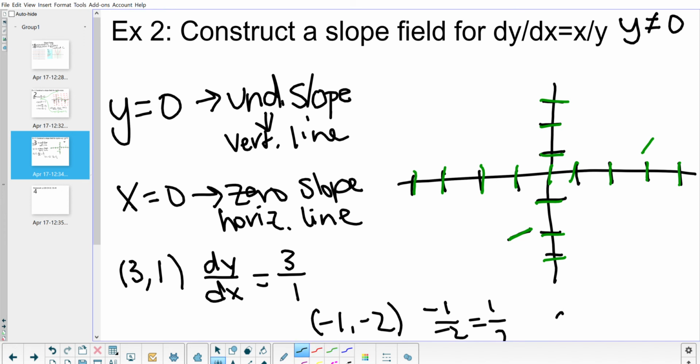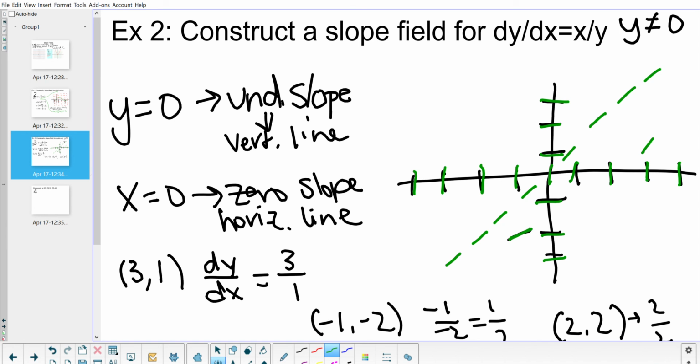So like at the coordinate 2, 2, when x and y are the exact same, that slope would be 2 over 2, which is 1. So actually everywhere x and y are the same, I have a slope of 1. So at 2, 2, I have a slope of 1, but I actually have a slope of 1 all along where x and y are equal.